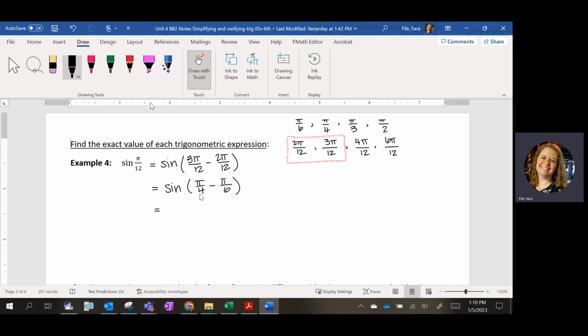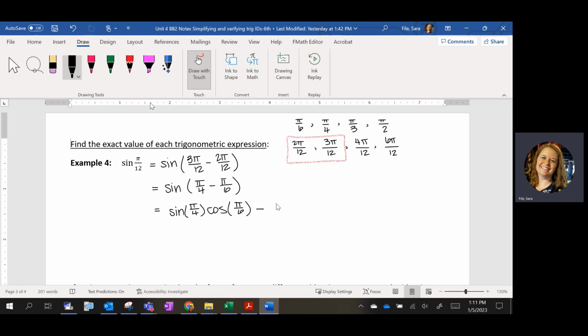So the formula said that I take sine of the first angle times cosine of the second angle. And then do I put a plus or a minus here? Remember what the formula, do I keep it the same for sine or switch it? Sine, we keep the same, so it stays minus.